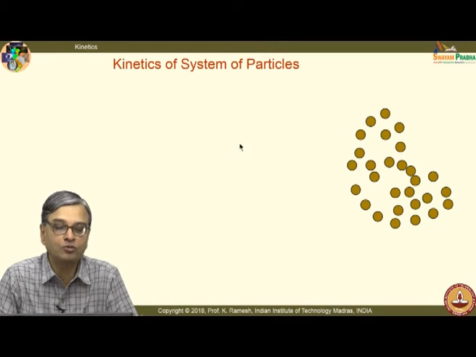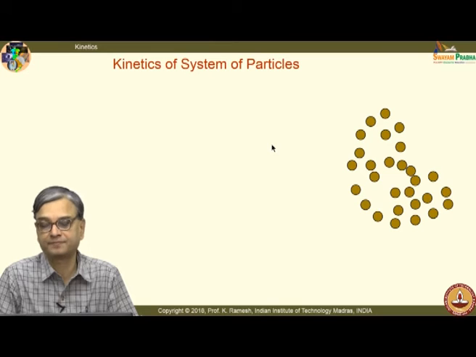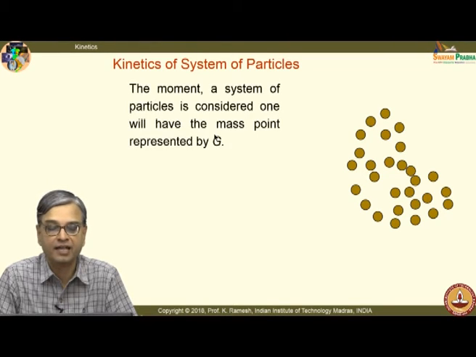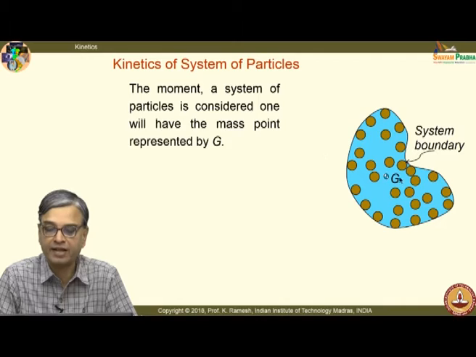Now, we move on to system of particles. I have a system of particles like this. I enclose this by a system boundary. I have a mass point. Many natural phenomena have a system of particles. You see birds flying from one migratory location to another migratory location, they form a pattern.